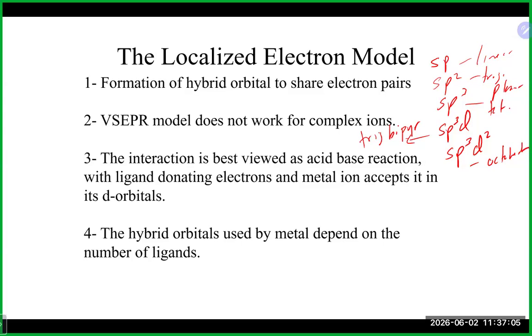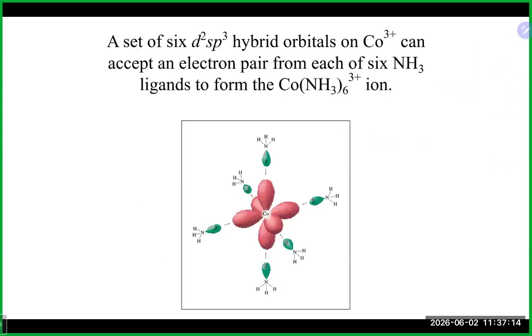Now VSEPR doesn't work very well necessarily with complex ions. We look at it as we've been talking about more as a Lewis acid base situation. But we can use some of these ideas of hybrid orbitals as to how they come together.